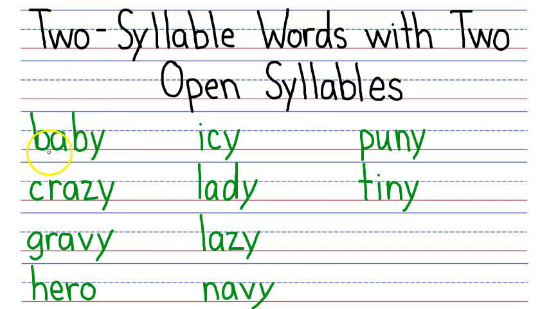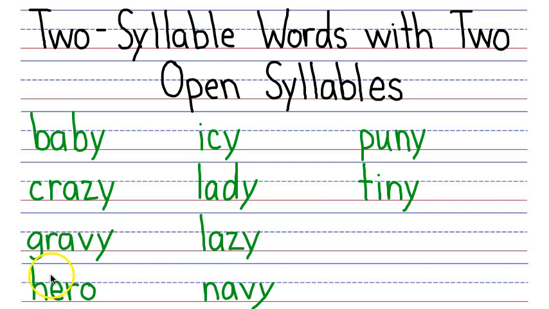So let's say these words with our hand under our chin. Baby. Do you feel your chin drop when it says the long A in bay? And you feel your chin drop when it says the long E in bee. You do, because this is a two-syllable word. So again, hold your hand under your chin and say crazy, two syllables.